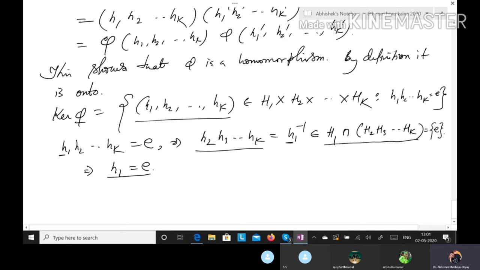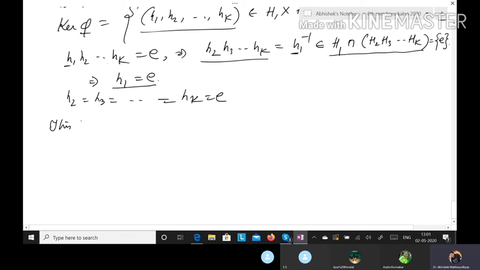So now if h1 is identity, then h2 ... hk is e, then again h3 h4 ... hk is h2 inverse, and apply the same process. You will find that h2, h3, all of them are identity. And this proves that kernel of phi is the singleton set e, and hence phi is 1-1.